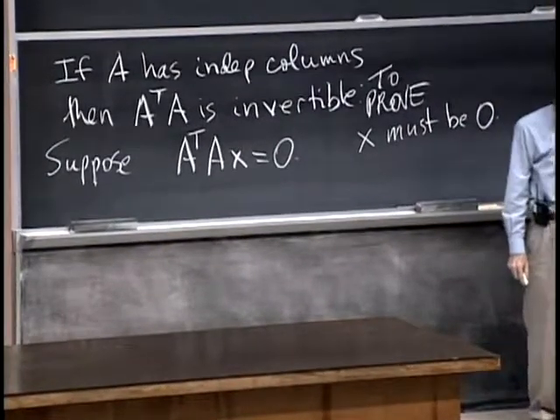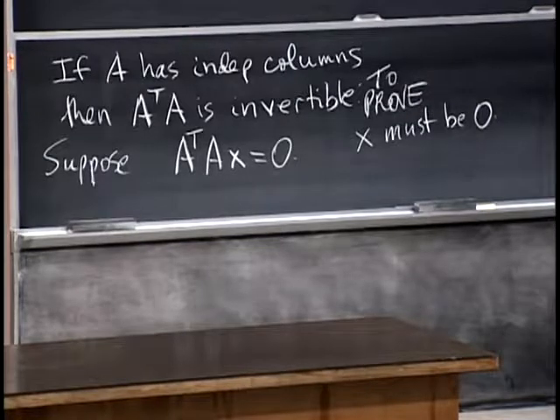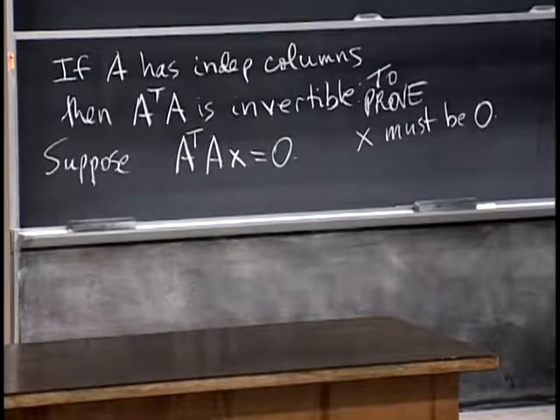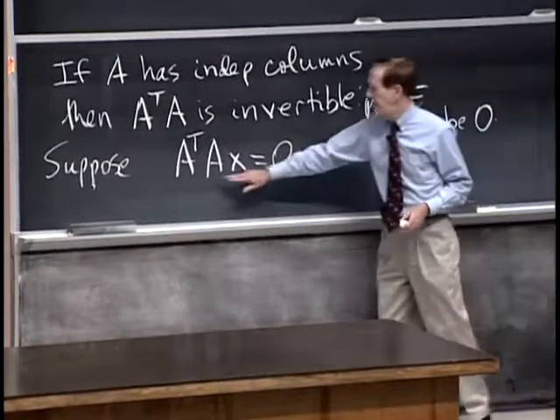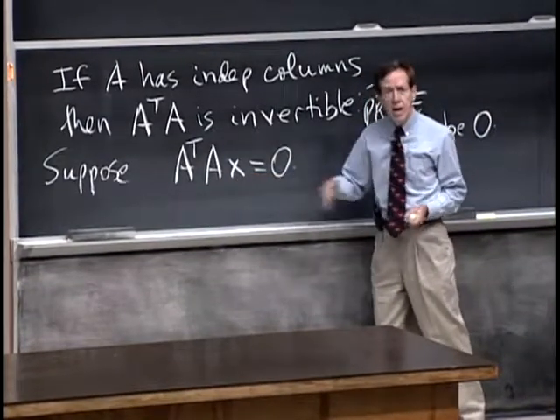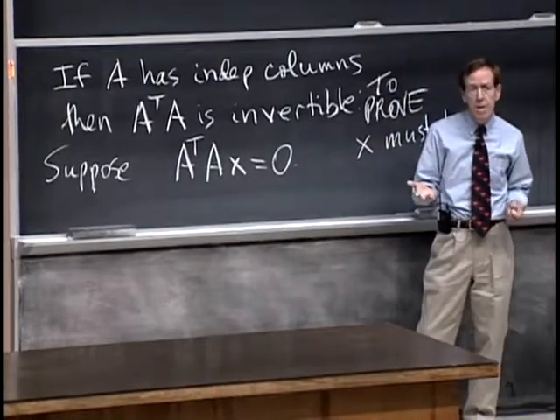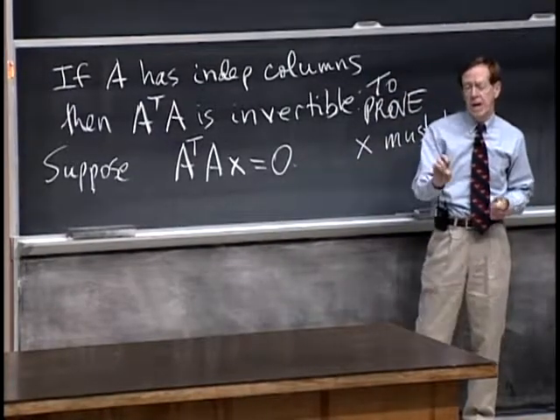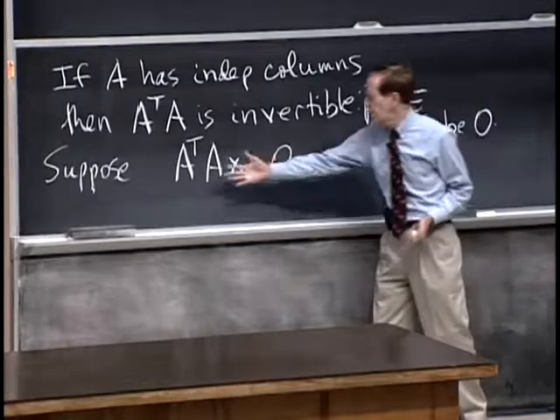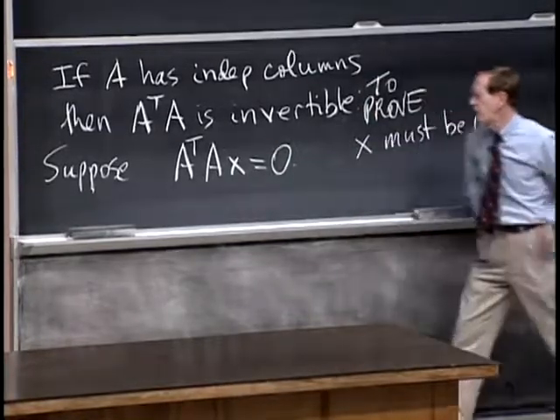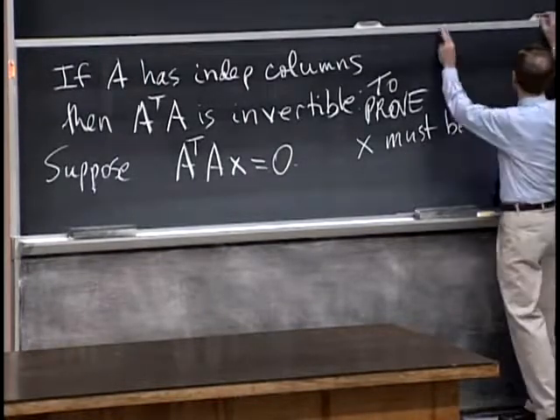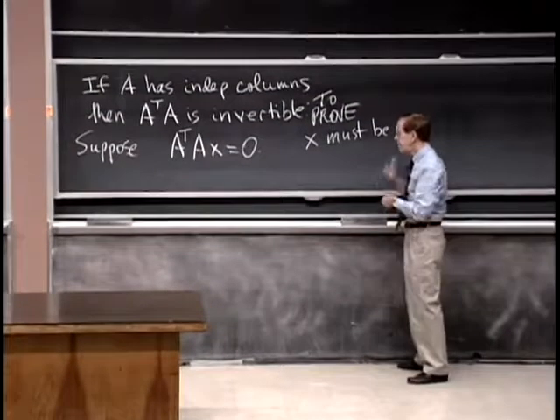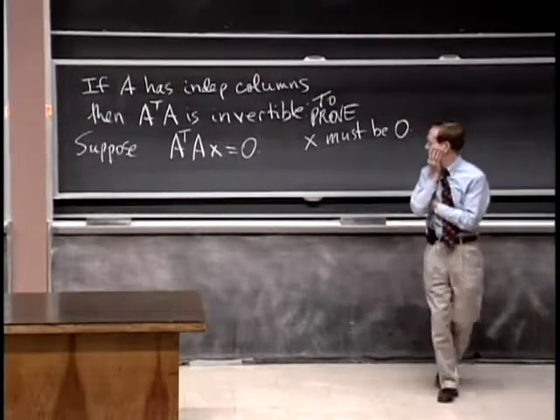Is that right? That's what we worked in the previous chapter to understand. That a matrix was invertible when its null space is only the 0 vector. So that's what I want to show. How come, if A transpose A x is 0, how come x must be 0? What's going to be the reasoning? Actually, I have two ways to do it.